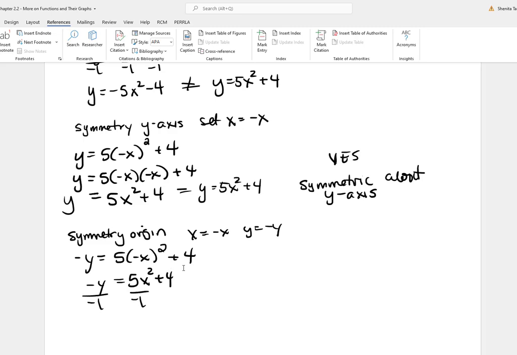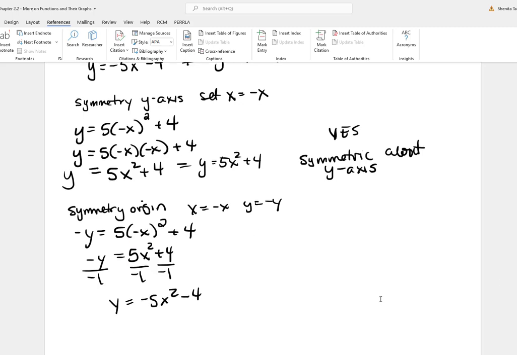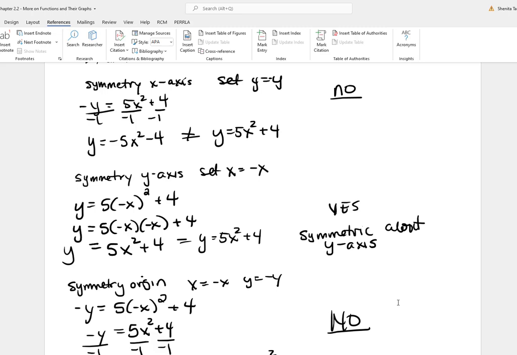Divide everything by negative 1. We get y is equal to negative 5x squared minus 4. As you can see, this is not equal to our original problem of 5x squared plus 4. So no, it's not symmetric about the origin. So the only thing it's symmetric about is the y-axis.